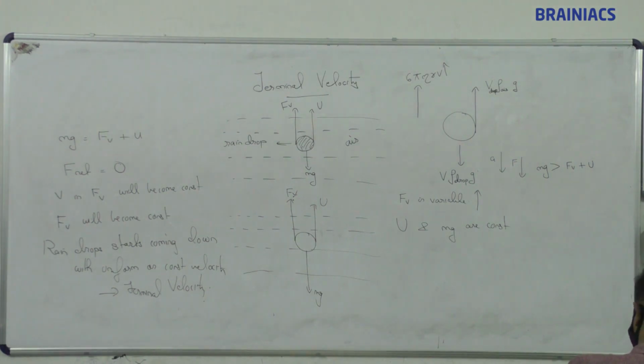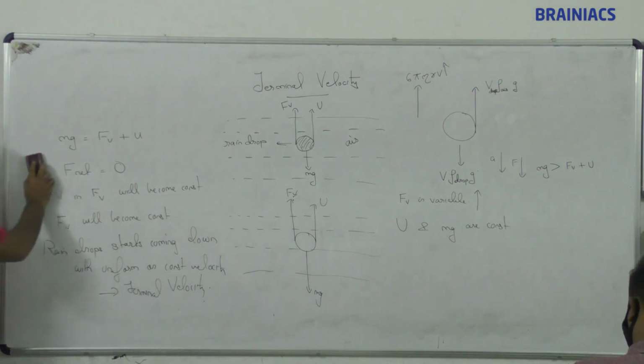So mg was greater than Fv and U, so it was coming down with acceleration, with a net force, and there was change in velocity, which is present in that viscous force. Finally, as the viscous force increases, a stage will come where Fv plus U will be equal to mg.